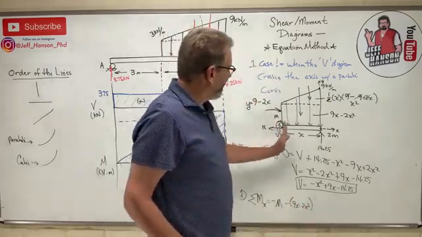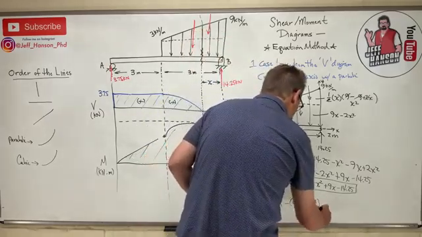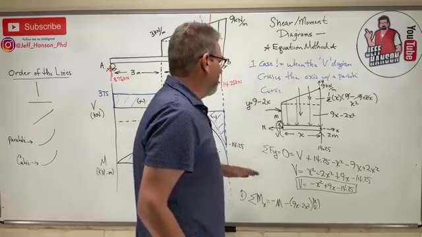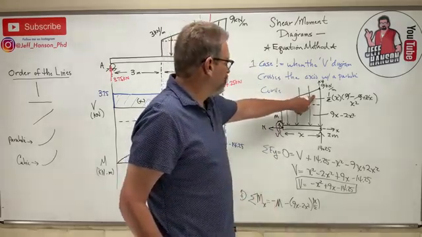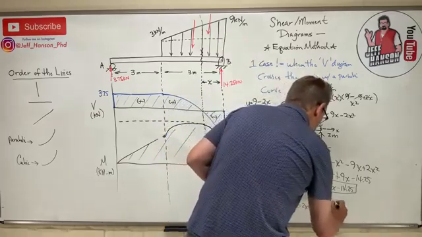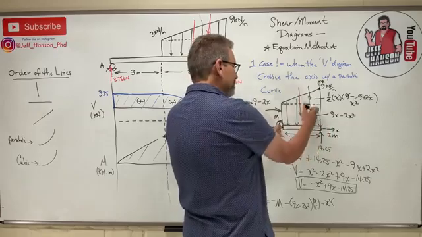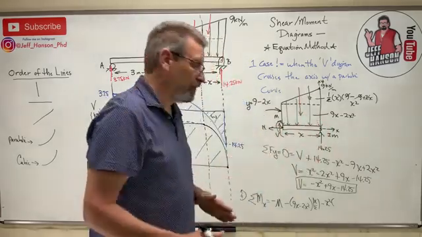Times how far away? X over 2. Okay? And then I've got this guy, which is just x squared, which also rotates me negative. So minus x squared times how far away? Well, this whole thing is x, but that's at the centroid of the triangle, so it's 2/3 of x.